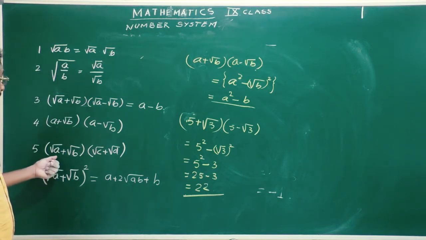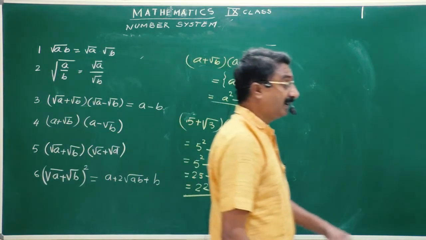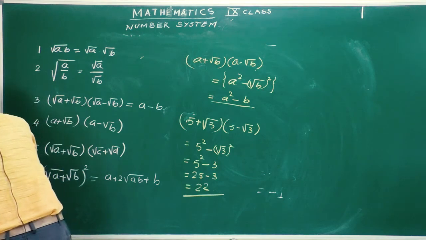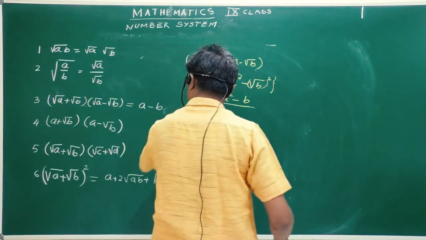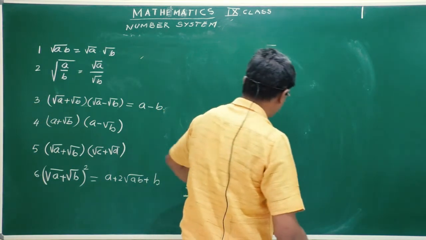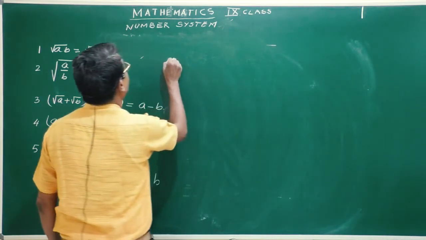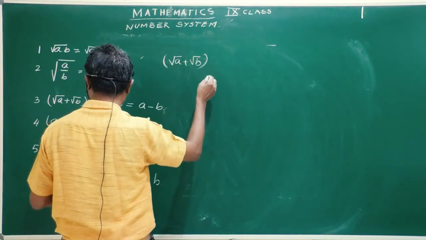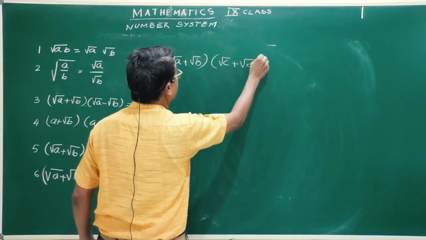Similarly, the identity under root a plus under root b into under root c plus under root d. As in mathematics we are solving the problems, we can solve this also, and this is the last one we are going to solve today. Under root a plus under root b into under root c plus under root d.